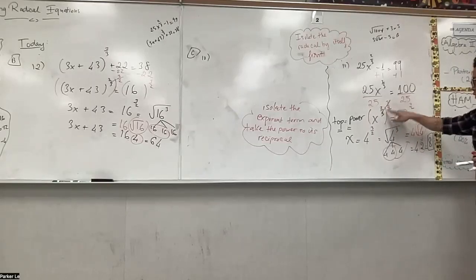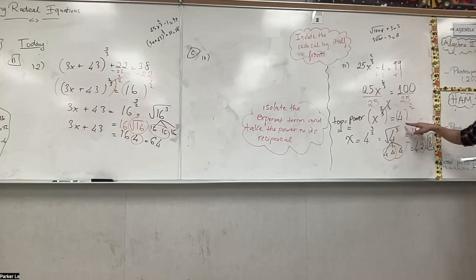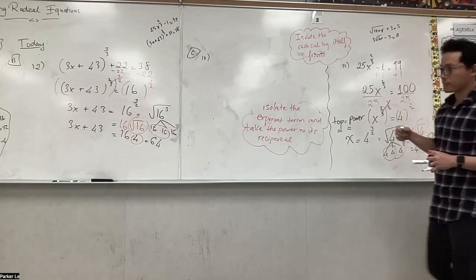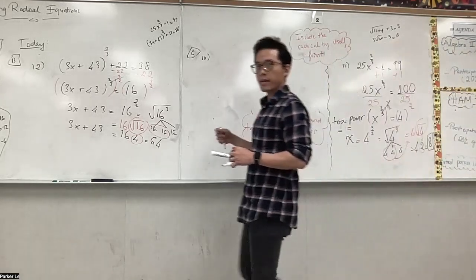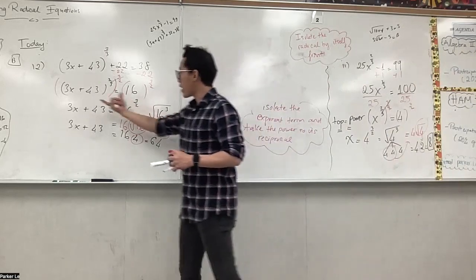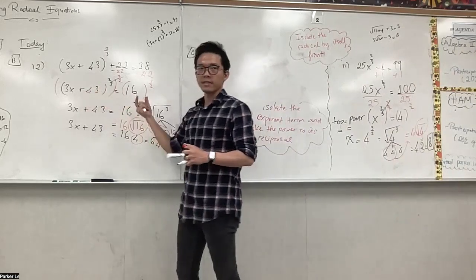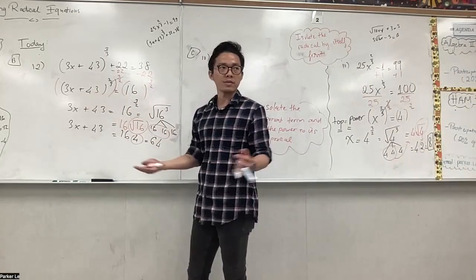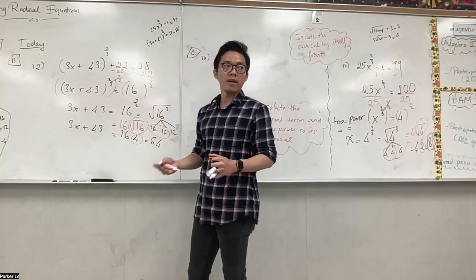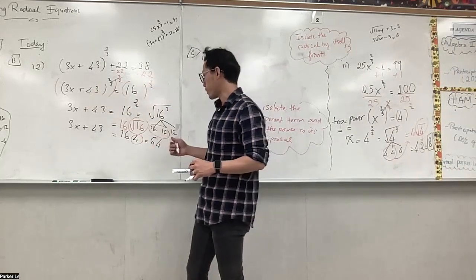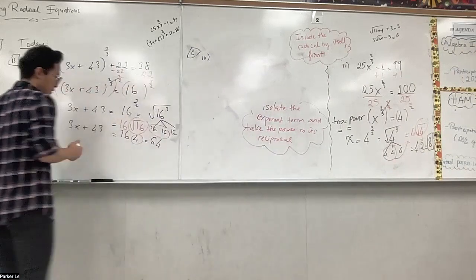Good. Any question? So whatever you do to the left side, you need to do to the right side to preserve the value, so make sure they have the same solution. Otherwise, they're going to change the value. You're going to have different solutions.